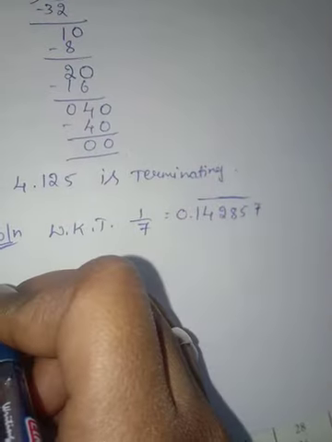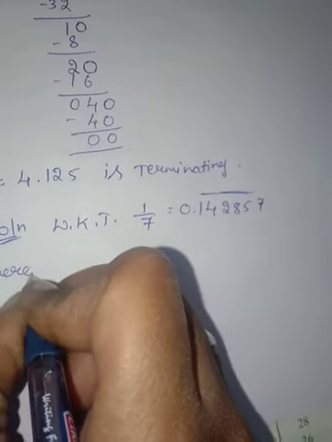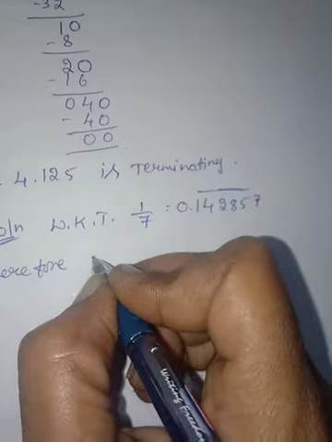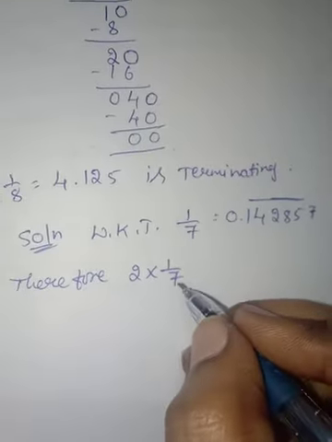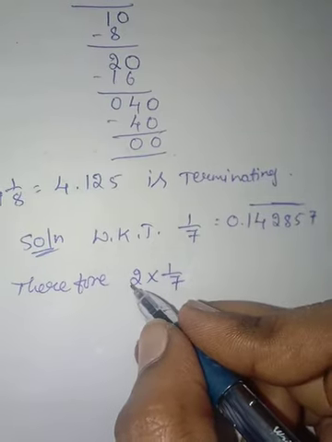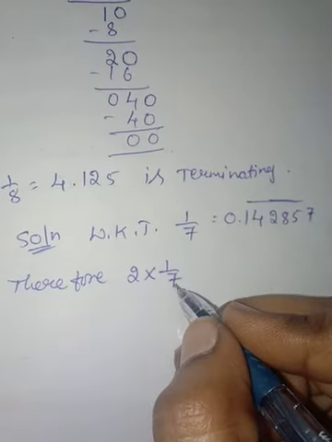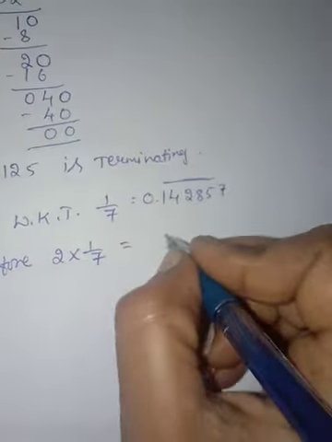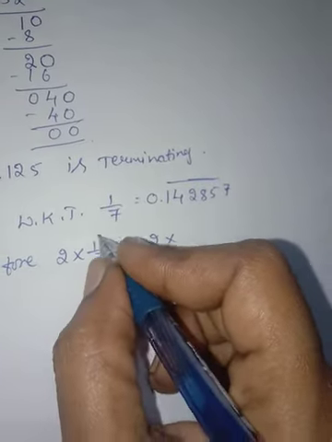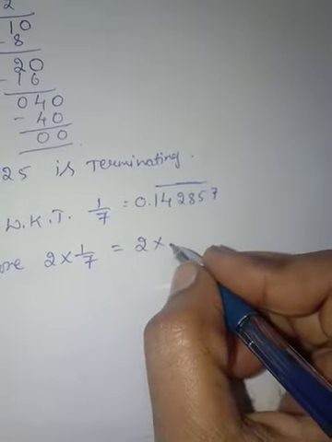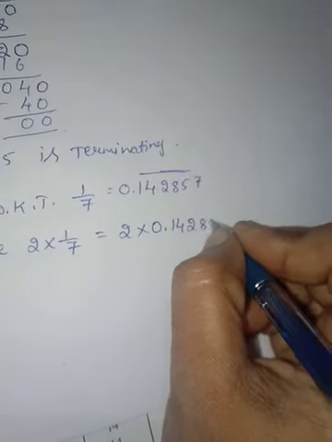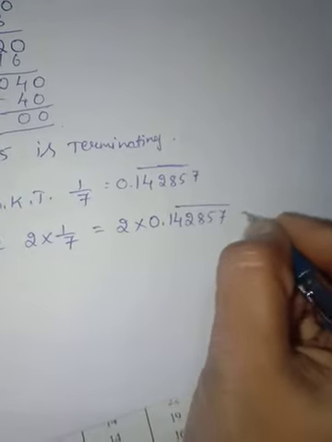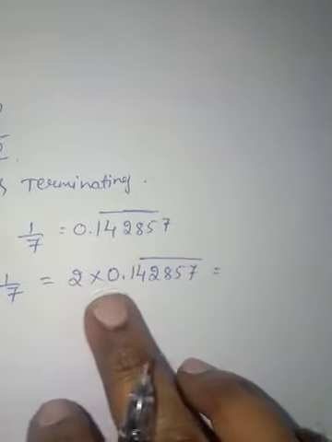Then therefore 2 into 1 by 7, that means 2 by 7, we can write in the form of 2 into 1 by 7, which is equal to 2 into, we know the value of 1 by 7, put the value of 1 by 7 here, that is 0.142857. Then you multiply this number by 2.